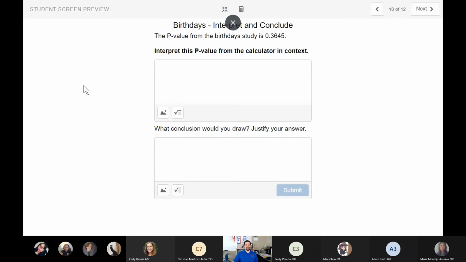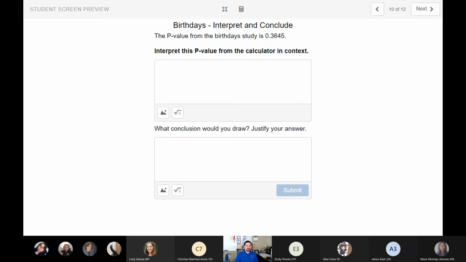All right, so this one has 2 questions to answer, 2 things to do. We have our p-value from the birthday study, which is 0.3645. We want you to first interpret the p-value in context, and then write the conclusion based on that p-value.